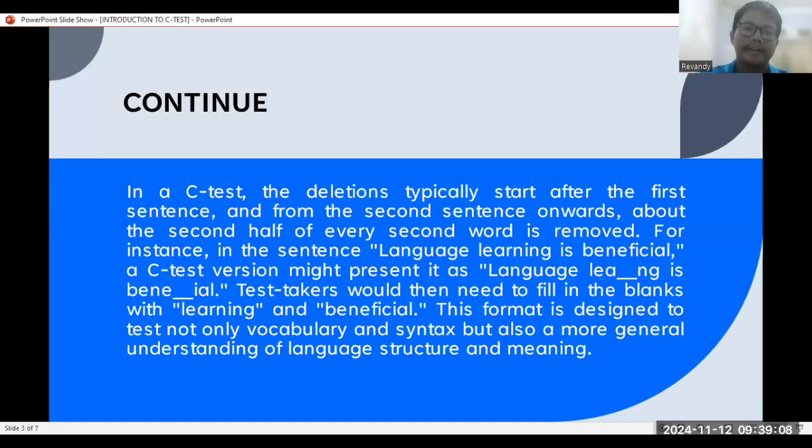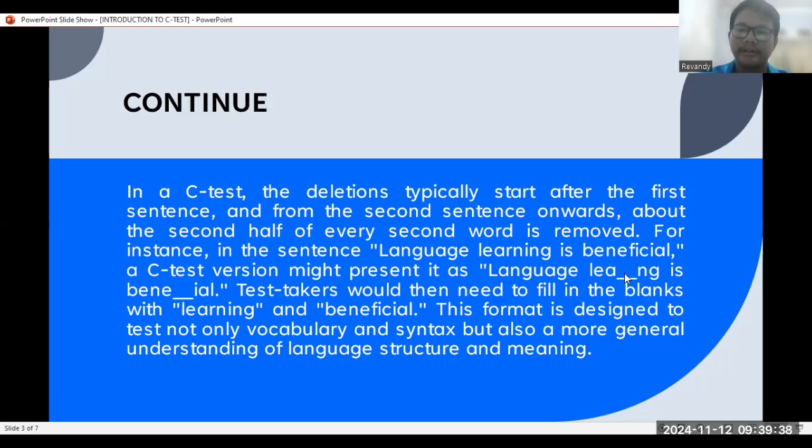In a C-test, the deletions typically start after the first sentence, from the second sentence onwards. About the second half of every second word is removed. For instance, in the sentence, language learning is beneficial, a C-test version might present it as in this.